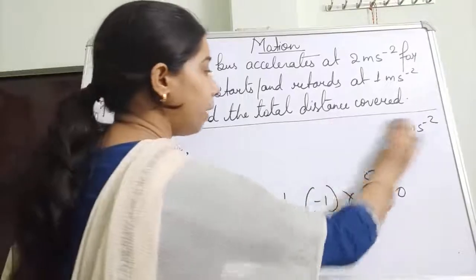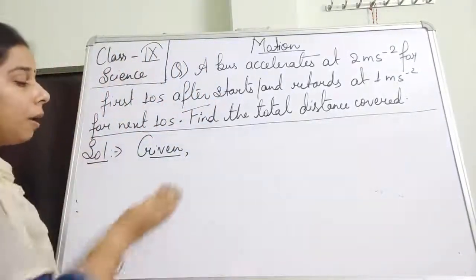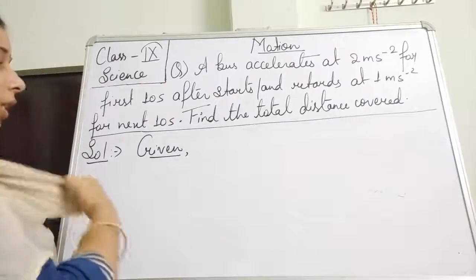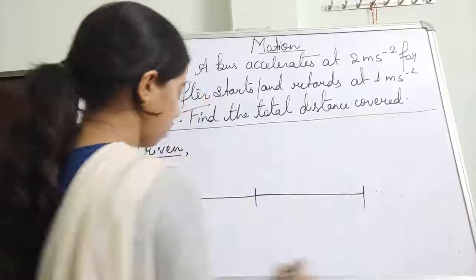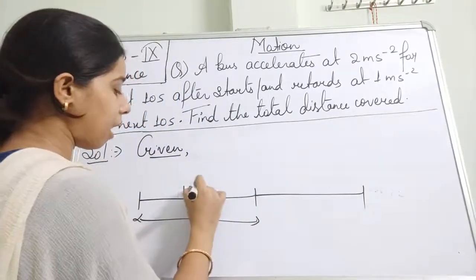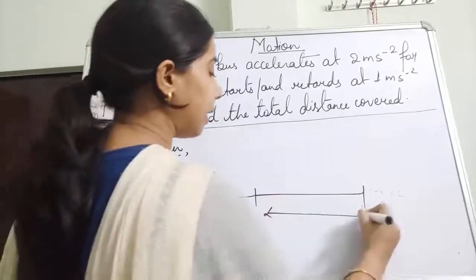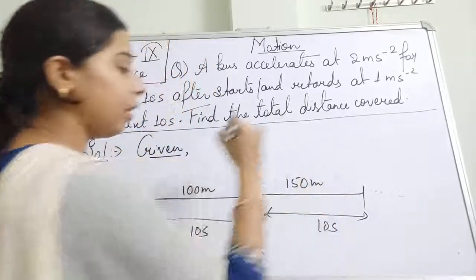Now what we have to find? We have to find the total distance covered by the bus. So what we have seen here, students, is that the bus starts from this to this, 10 seconds, it travels a distance of 100 meter, and in the second 10 seconds it travels a distance of 150 meter.